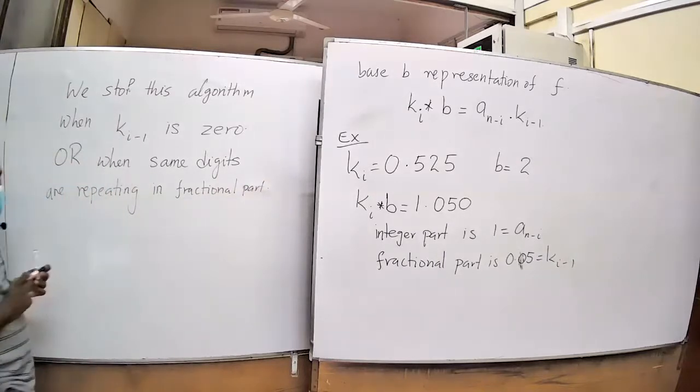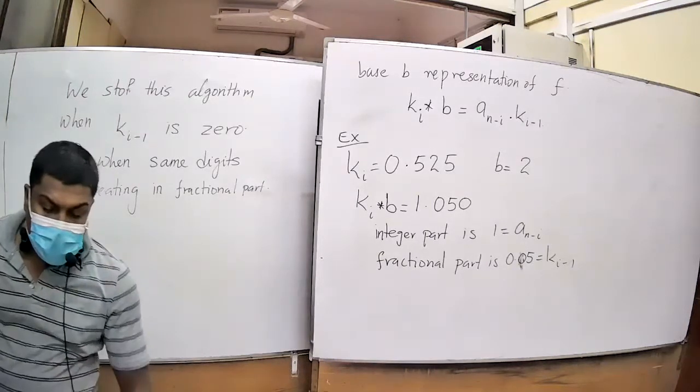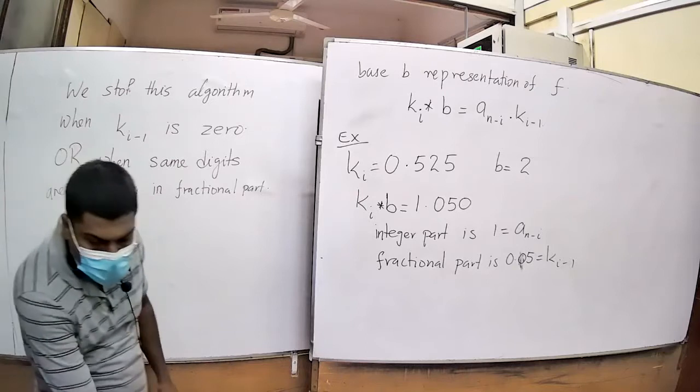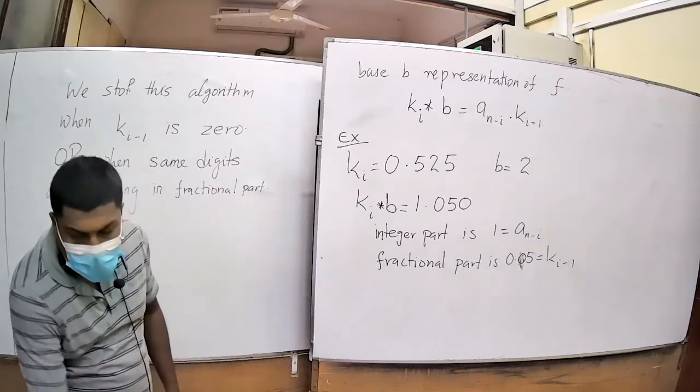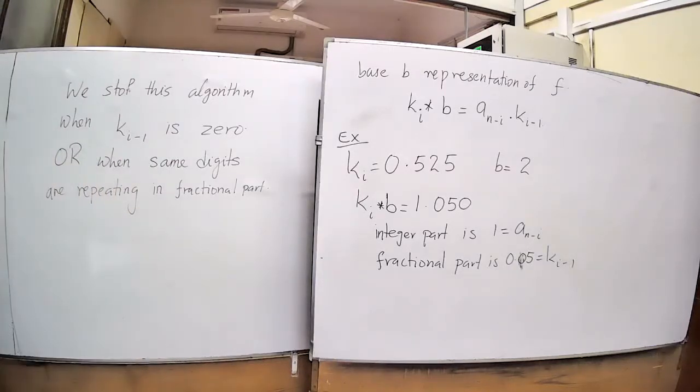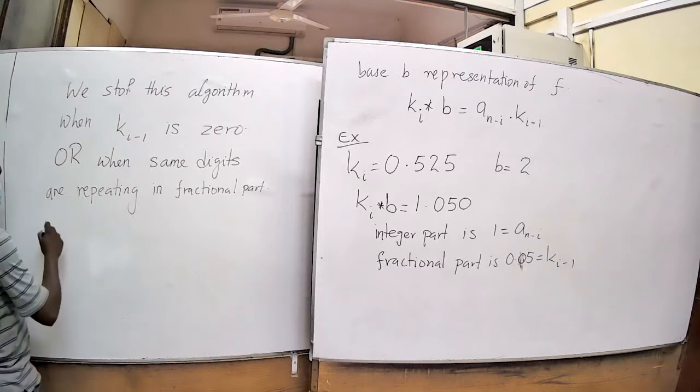So when the same digits are repeating in the fractional part, you can stop, right? So this is how you do the transformation from a base 10 fraction into a base b fraction. So let us do an example.